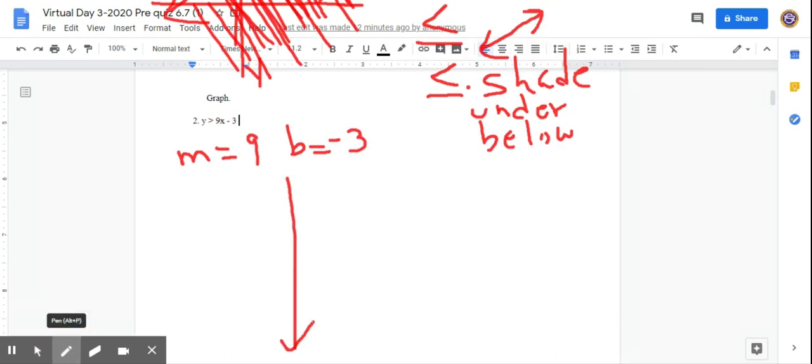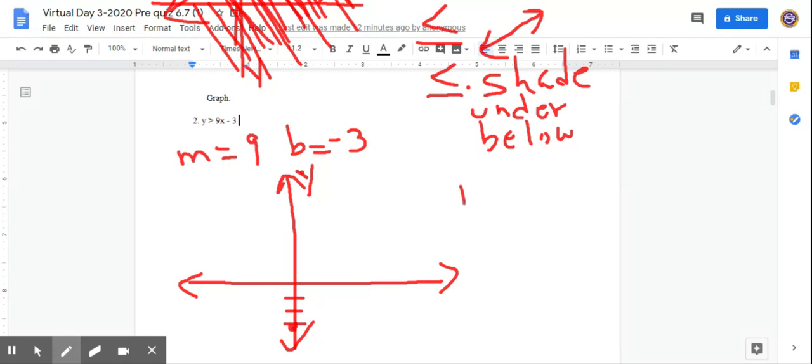So here we go, y-axis and x-axis. So the b is -3, so we're going to go to the y-axis and go down 1, 2, 3. And we're going to put our point on -3.